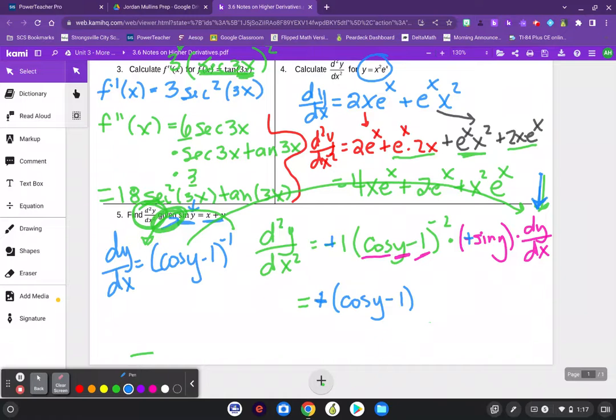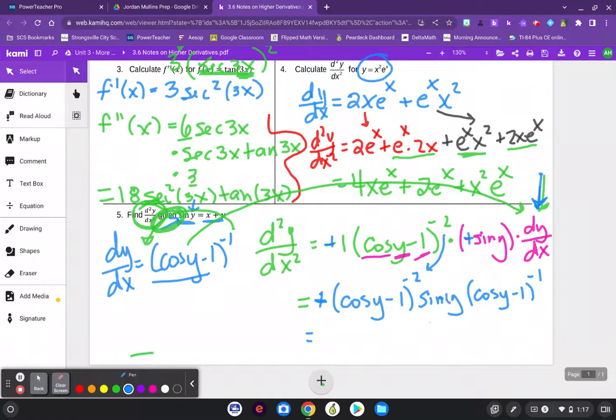And I'm going to replace this dy/dx, so sine of y, with cosine y minus 1 to the negative 1. This should say negative 2. And I can clean this up a little bit, right?